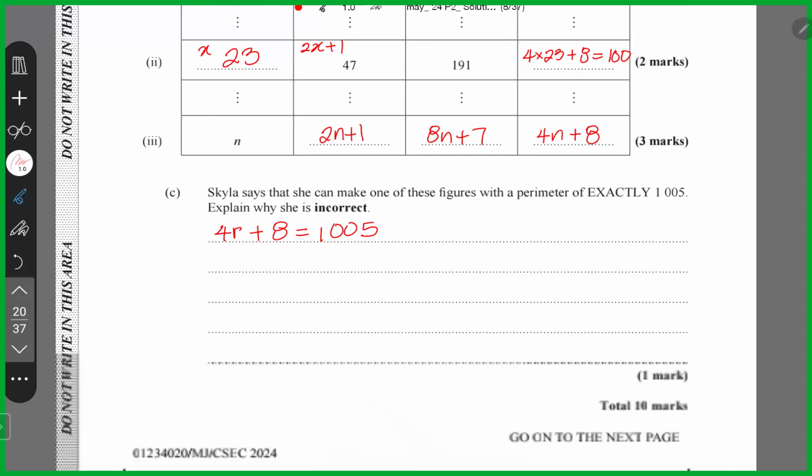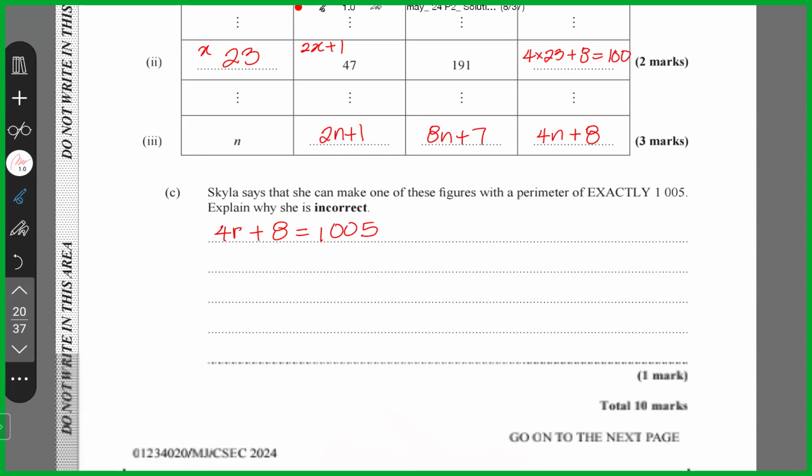Now, if 1005 is the perimeter of a figure in this sequence, r is going to come out to be a whole number. r is going to come out to be a positive integer.